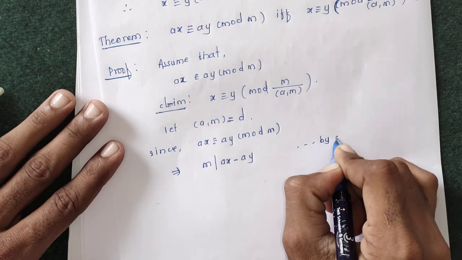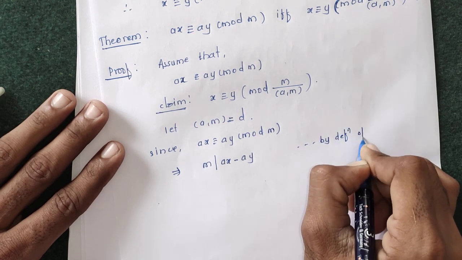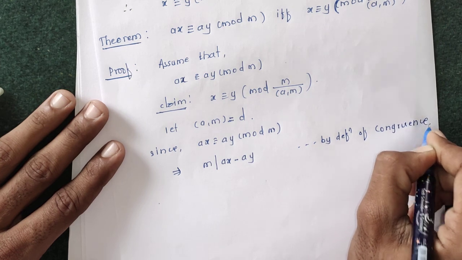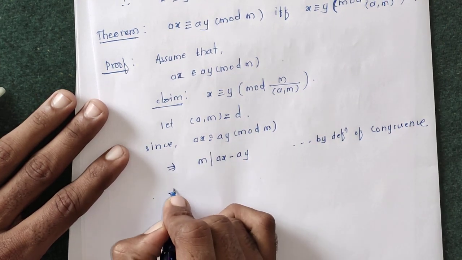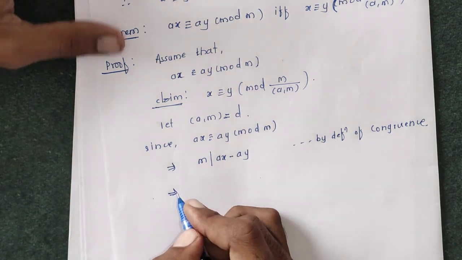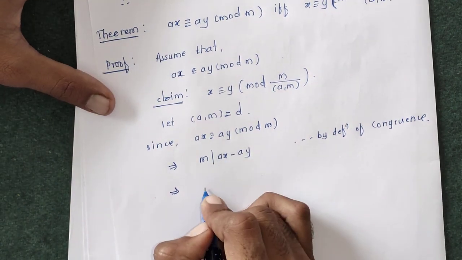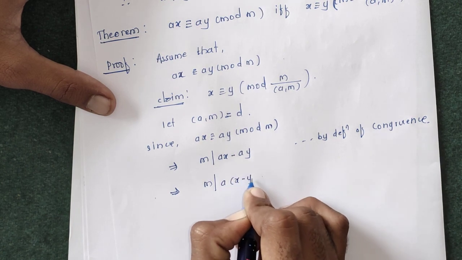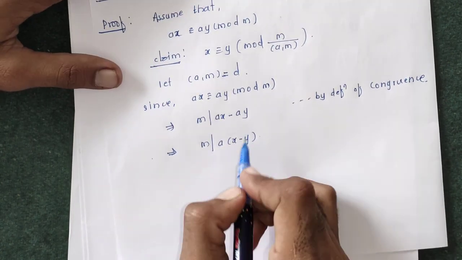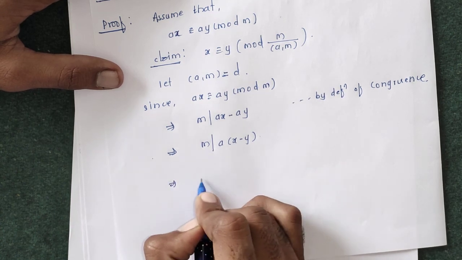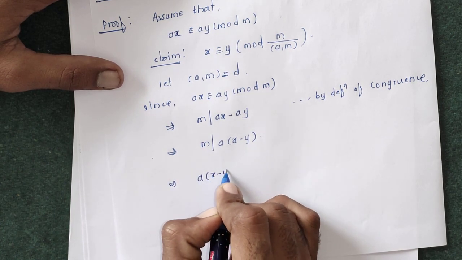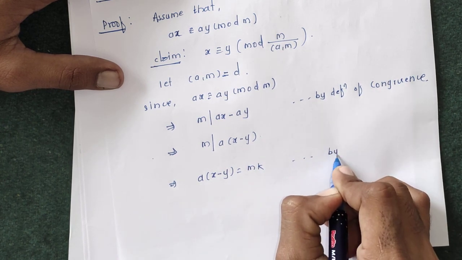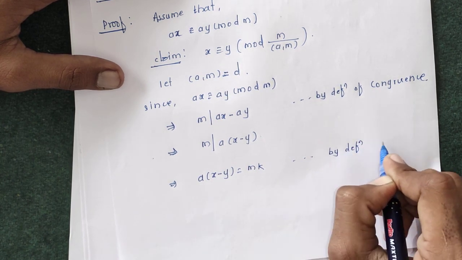Taking a common, m divides a into x minus y. Now using the definition of divisibility, we can write a into x minus y is equal to m into some k.